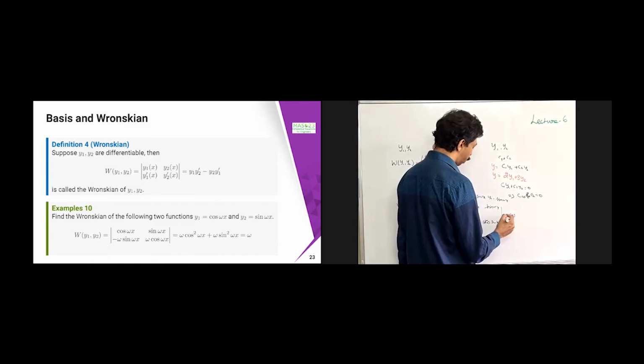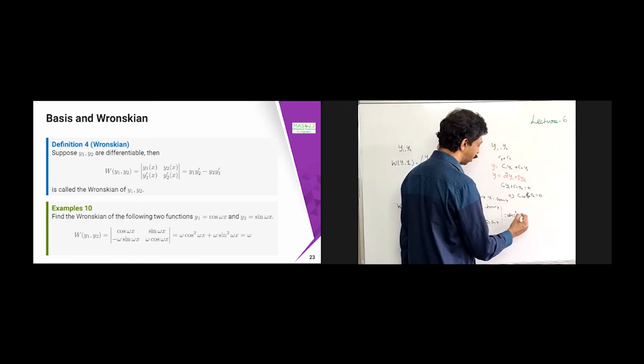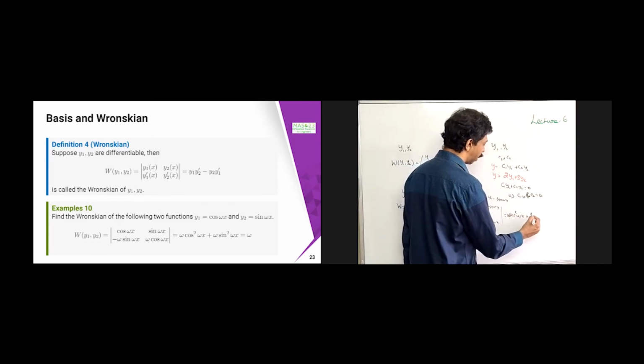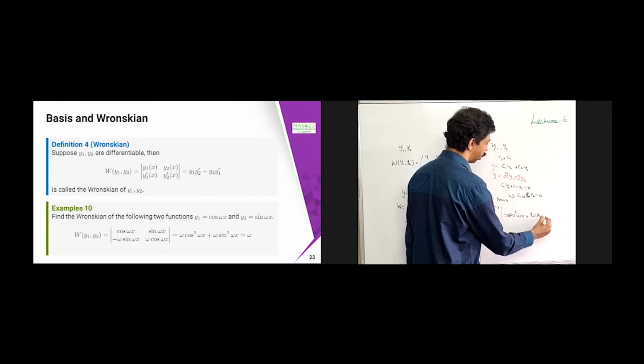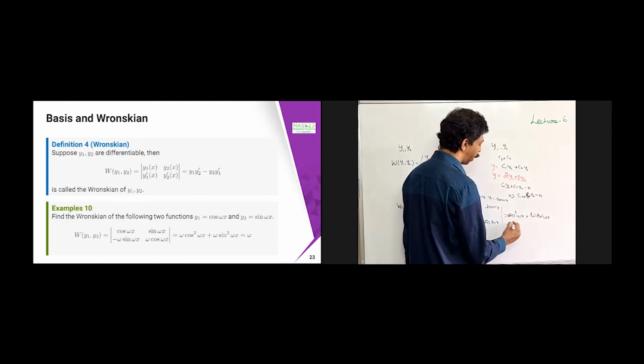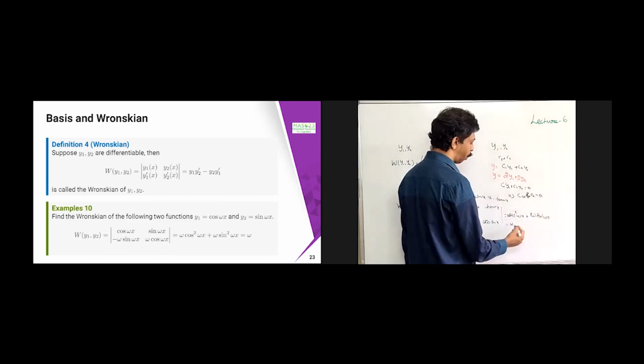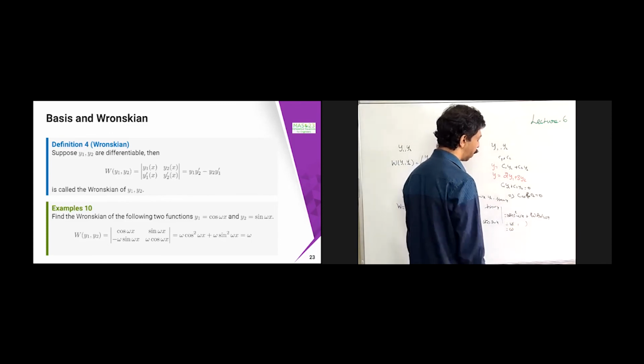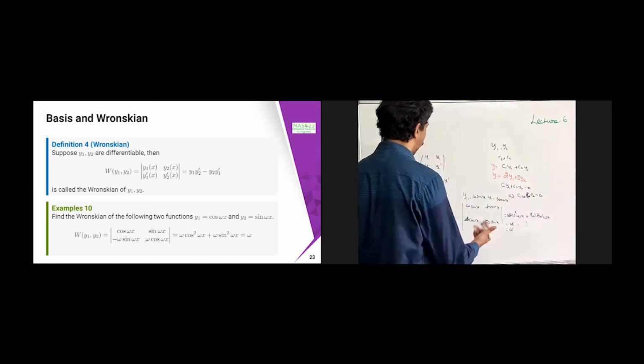Therefore this becomes omega cos square omega x plus omega sin square omega x. Taking omega out, this becomes omega, because cos square plus sin square is 1.